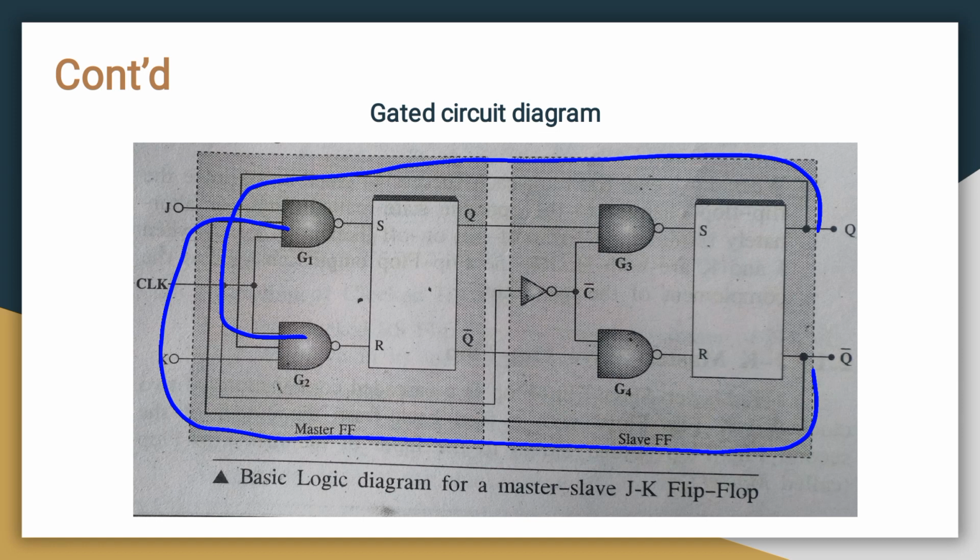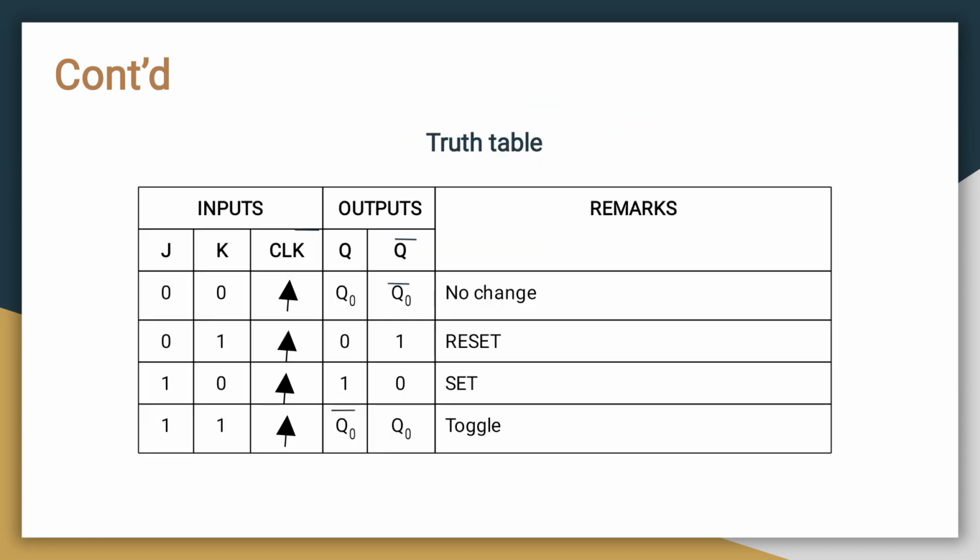So let's see the conditions on the truth table. This is the truth table. The condition is the same, it is totally equal to the JK flip-flop truth table. That is, for 0 0 there is no change, for 0 1 it is reset, for 1 0 it is set, and for 1 1 it is toggle. It is totally the same, but it works on the condition of the master enabled and the slave disabled.